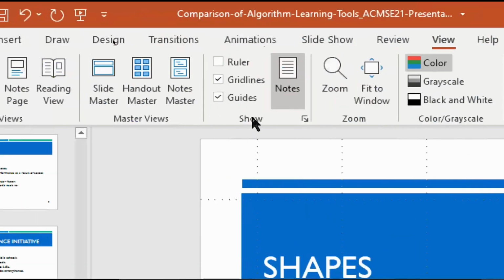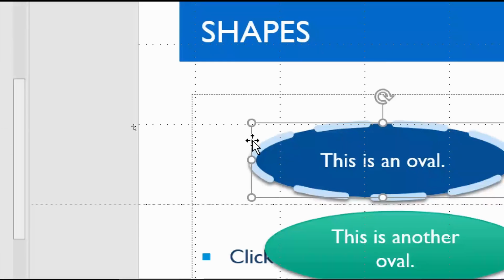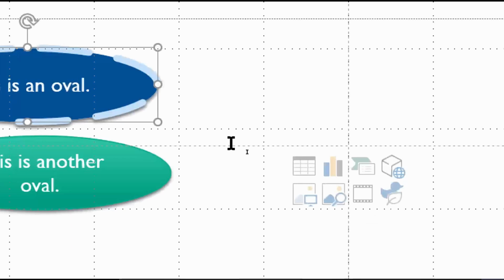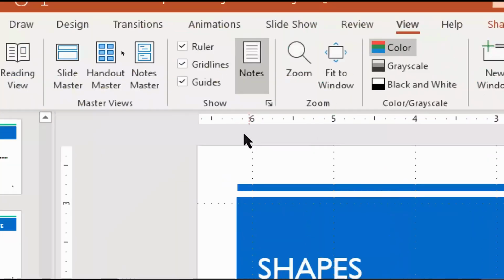We have horizontal and vertical guides as well. These you can drag around from the outside of your slide. And again, we use these to help us position stuff. And as before, rulers to set your margins and such.